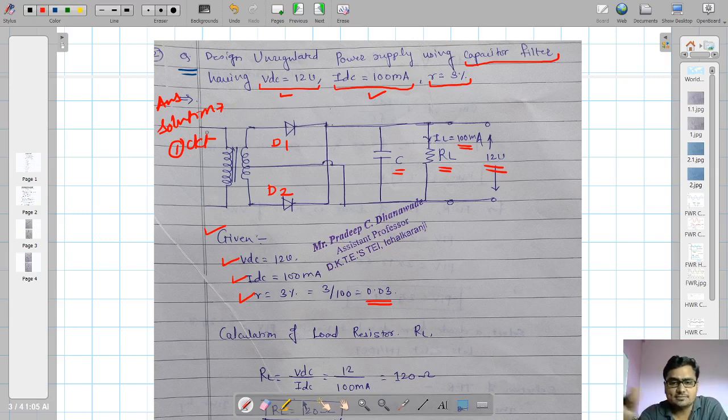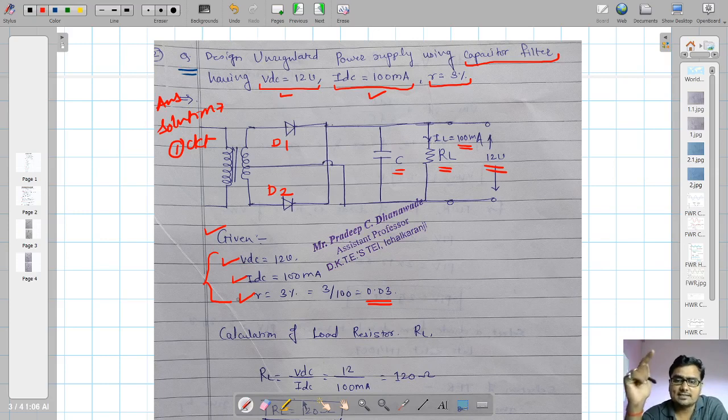I have drawn it, it is a full wave center tap rectifier with capacitor filter. After the circuit diagram, you need to read the statement and write down the given things. The given things are those three, and I have listed them out. This is step number 2. The first step is to draw the circuit diagram. Whatever the design statement is, your first job is to draw the circuit diagram.